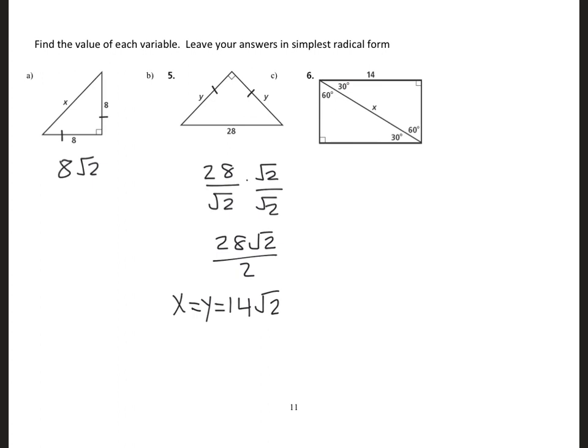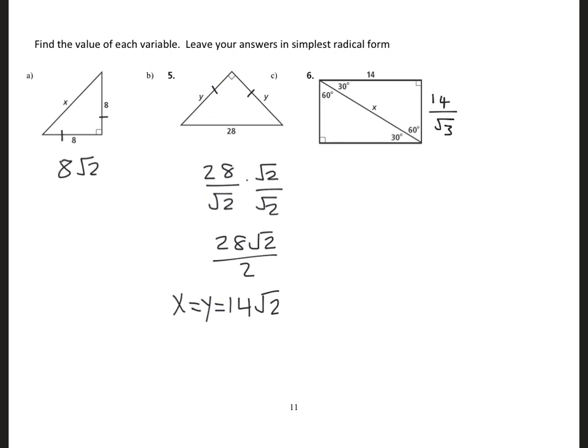Then the next one is a 30-60-90. What are we given? We are given 14, and remember, this is the longer leg. How do I get to the others? Given 14, to get to the shorter leg, it's going to be 14 over square root of 3.